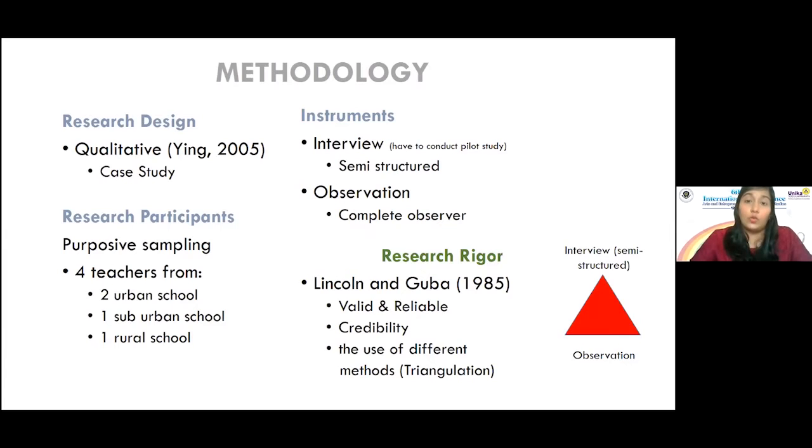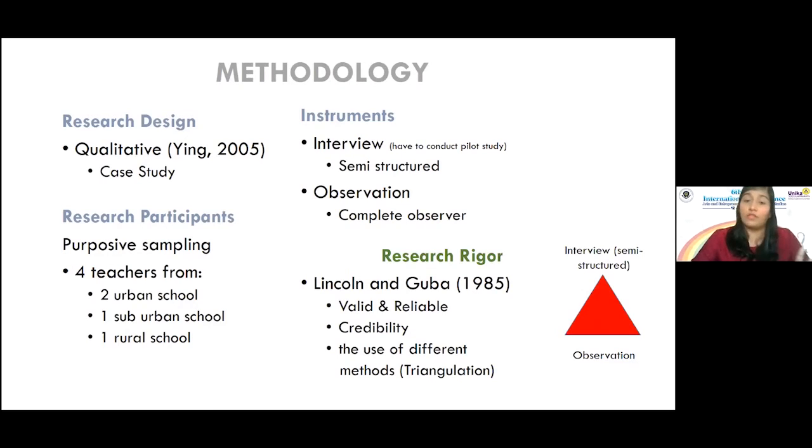One thing that we do worry about when it comes to qualitative research is the research rigor. How valid and how reliable is our research? Lincoln and Guba in 1985 said the credibility of qualitative research can be attained when there is triangulation.